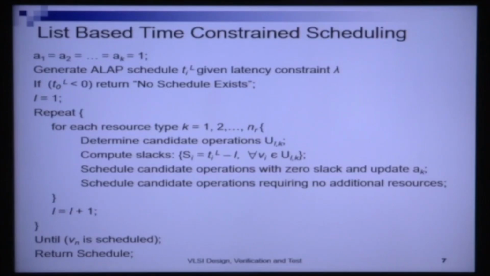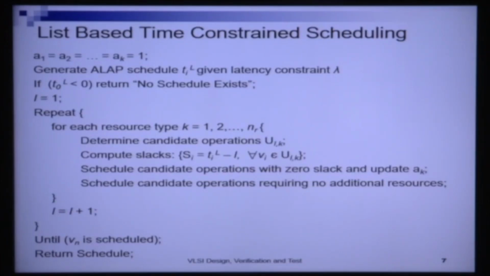Therefore, the value of AK will be higher than the number of operations with 0 slack. Now, we first allocate all these 0 slack operations onto the resources, but I will have a set of remaining resources at this time step. These resources can now be allocated to other operations with slack higher than 0.